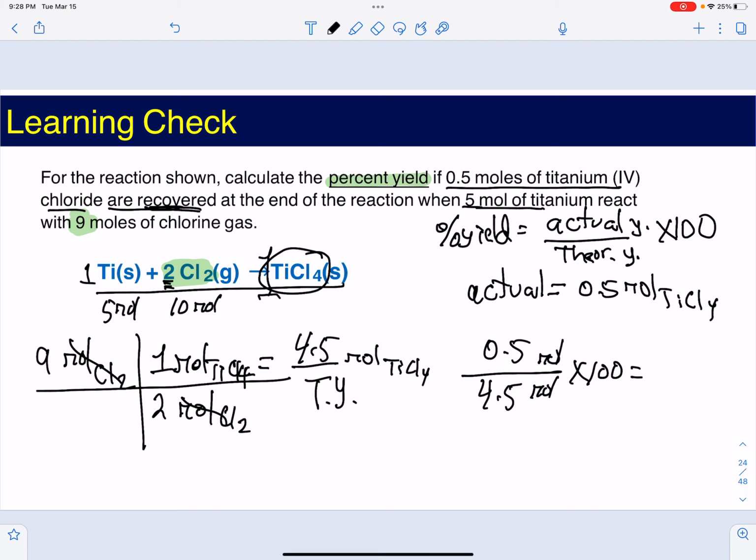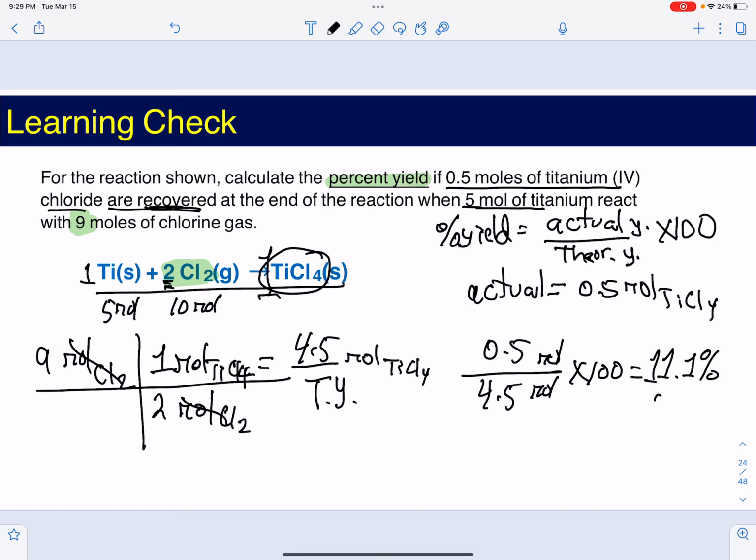Just give me a second. 0.5 divided by 4.5 times 100 equals 11.1%.